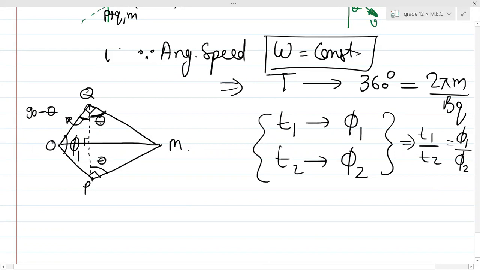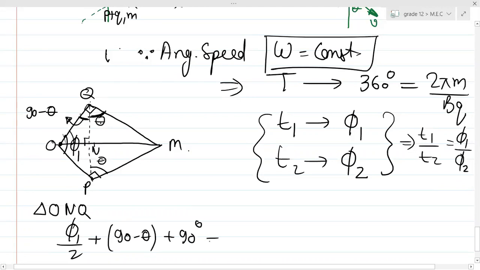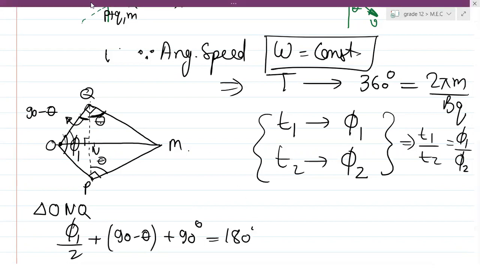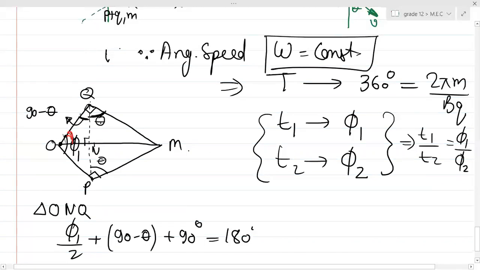Can you see in the triangle, let me give some names, O, N, Q. If this total angle is phi 1, then this much angle is phi 1 by 2. So phi 1 by 2 plus 90 minus theta plus 90 degrees should be equal to 180. Which three angles am I talking about? I'm talking about this angle, and this angle. So the sum of all these three angles is how much? 180 degrees.